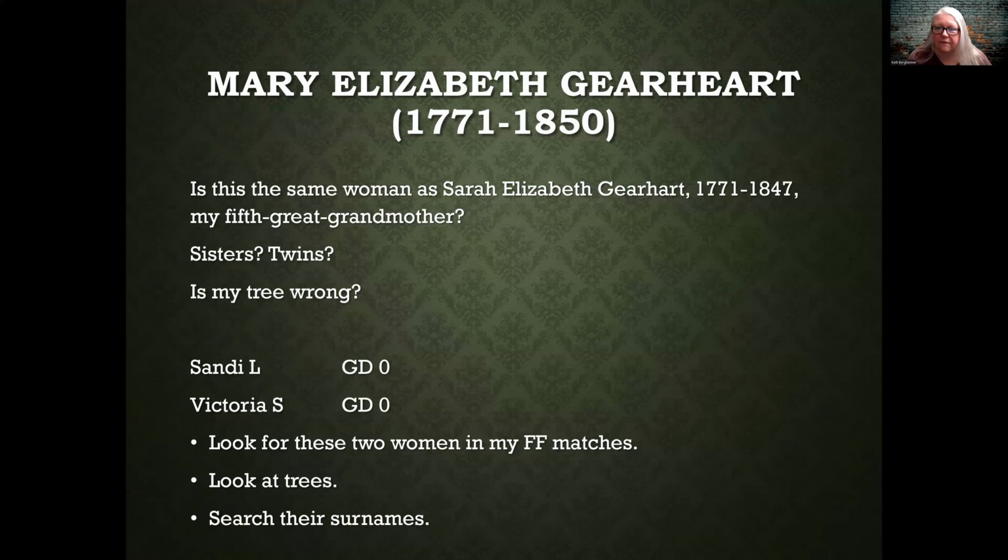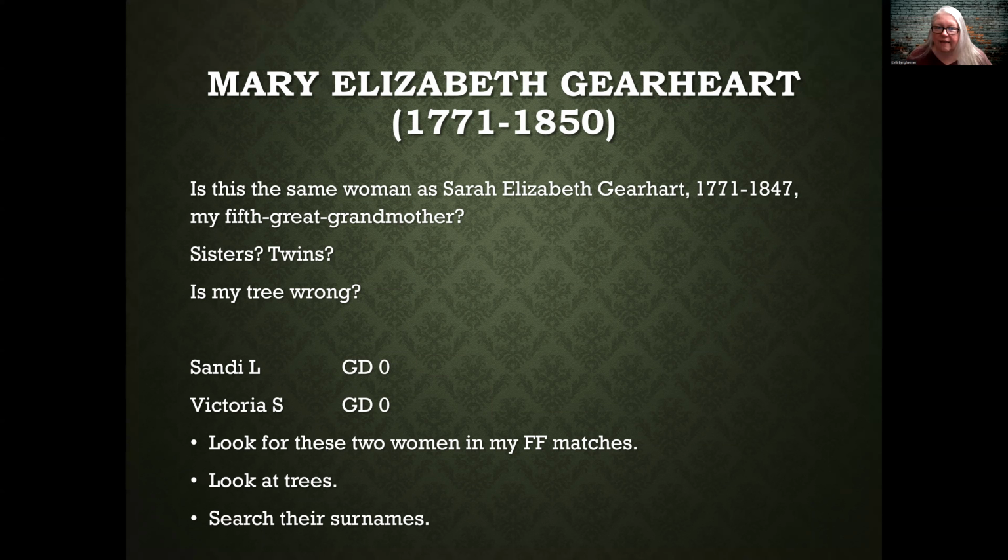So let's see what we can find out about this Mary Elizabeth GEARHEART from this other person's list as their earliest known ancestor. So is this the same woman as my Sarah Elizabeth GEARHEART, or what I think is my Sarah Elizabeth GEARHEART, my 5th great-grandmother on that matrilineal line?